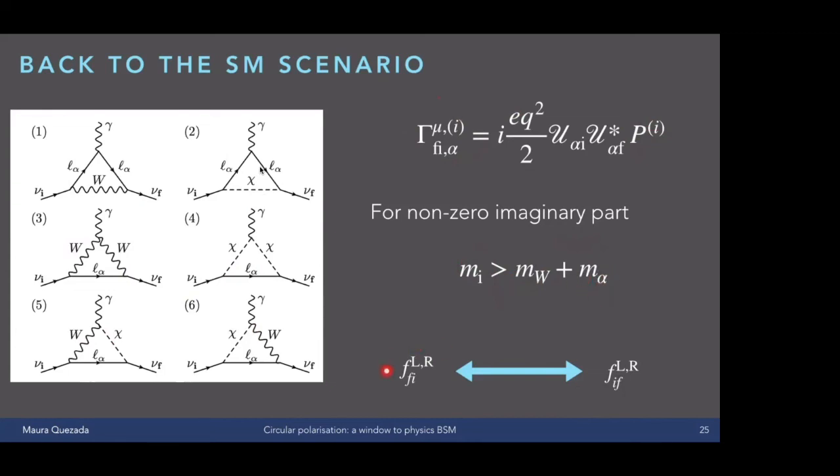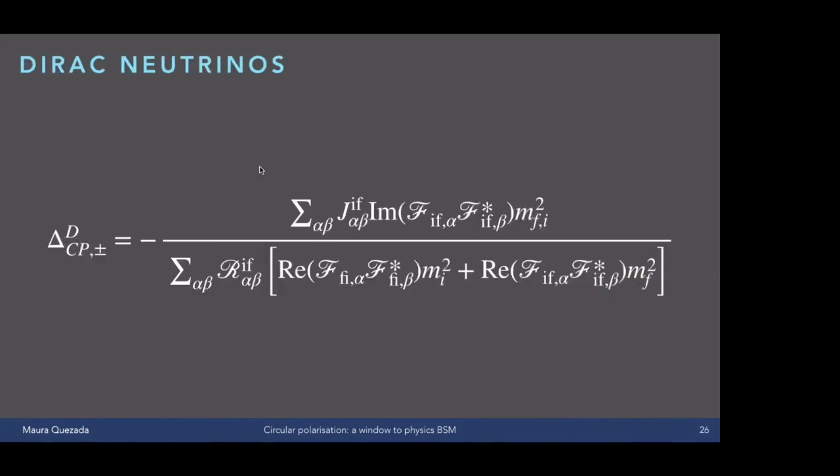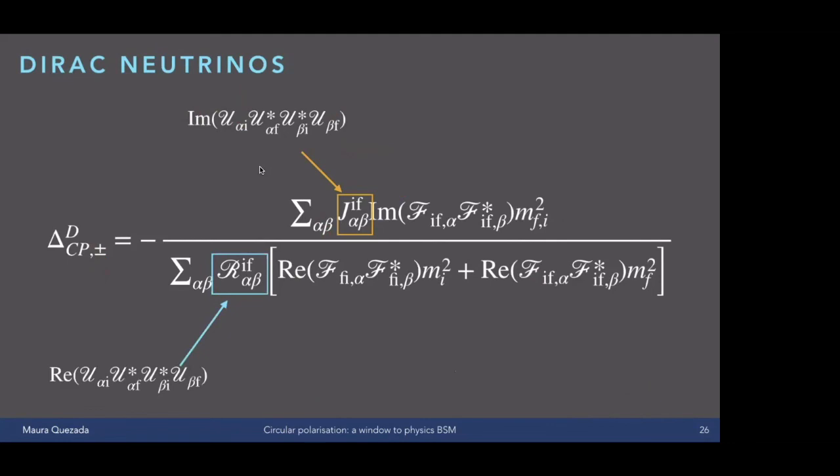So in this case, we are just ready to compute these quantities here. If we follow all the steps that I described at the beginning of the talk, we can arrive, for the case of Dirac neutrinos, at a more specific expression for this delta CP plus minus, where now these are given in terms of the Jarlskog parametrization, imaginary part and real part.